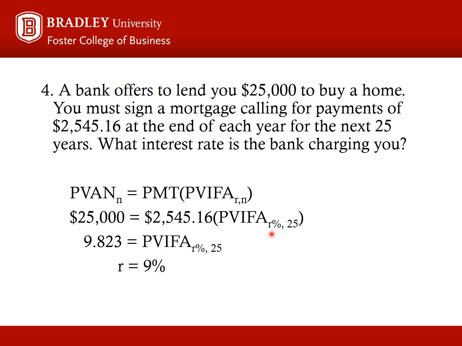So we solve for the interest rate. And keep in mind, we've got to go to table 4 now, our present value interest factor of annuity table. So when you divide, your present value interest factor of an annuity is 9.823. And if you drop down to 25 periods and move across the body of the table until you see 9.823, you'll find it just underneath the 9% column. So the bank is charging you 9%.